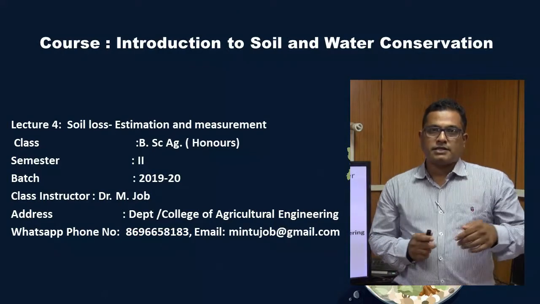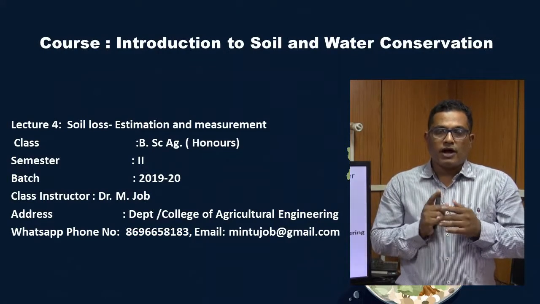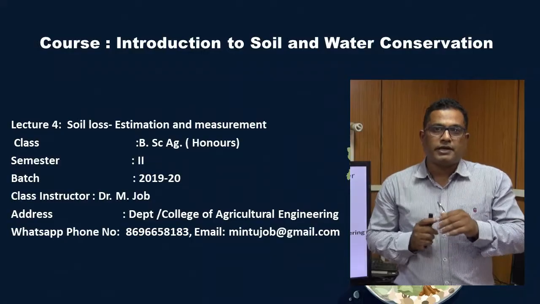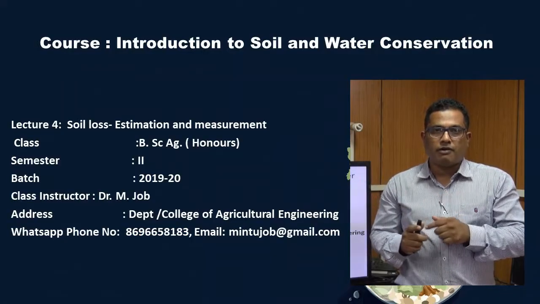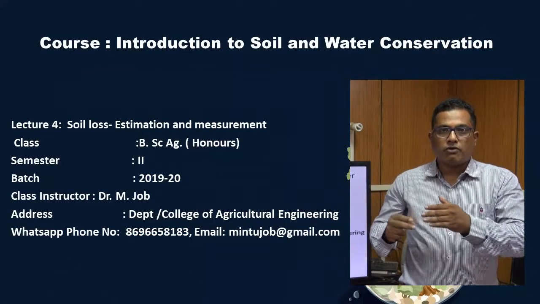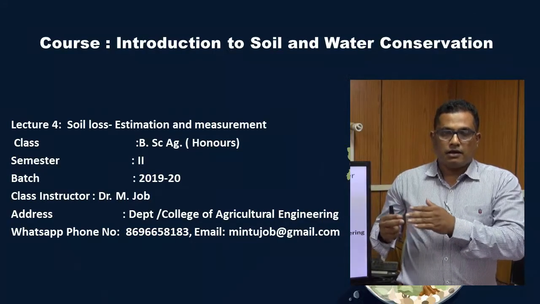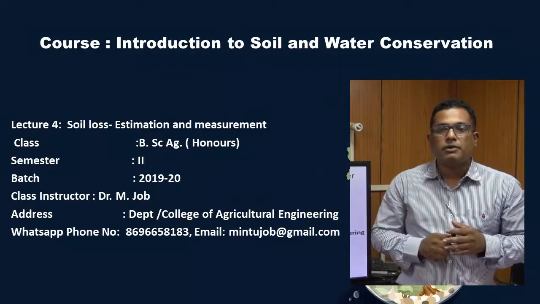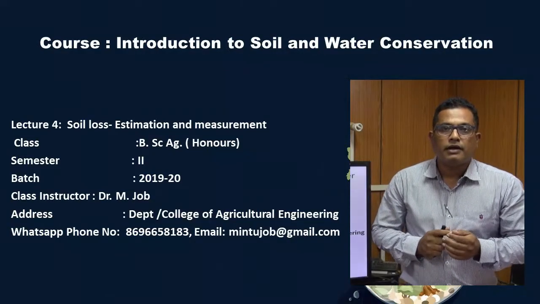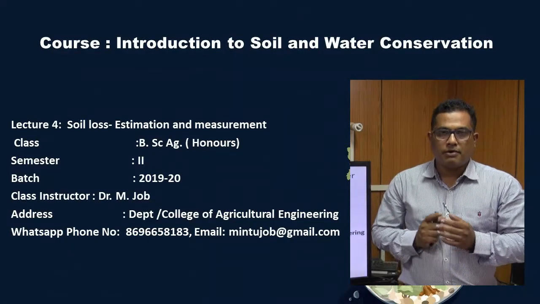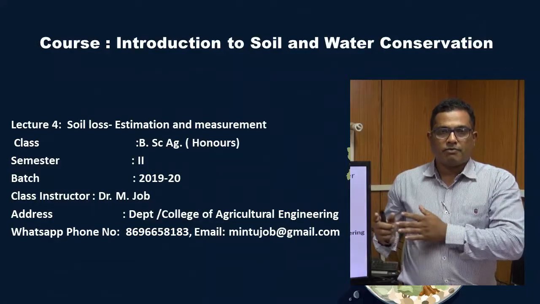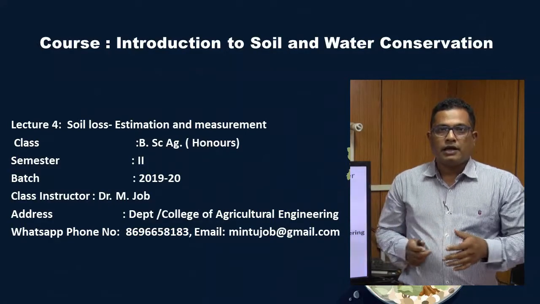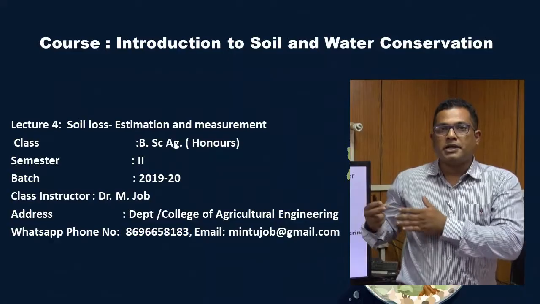So in this case, if 1 mm of soil is depleted over a period of 1 year from 1 hectare of land, we can also convert this in terms of volume. It has come out to be 10 cubic meter per year per hectare. Now you can also change it in terms of mass.